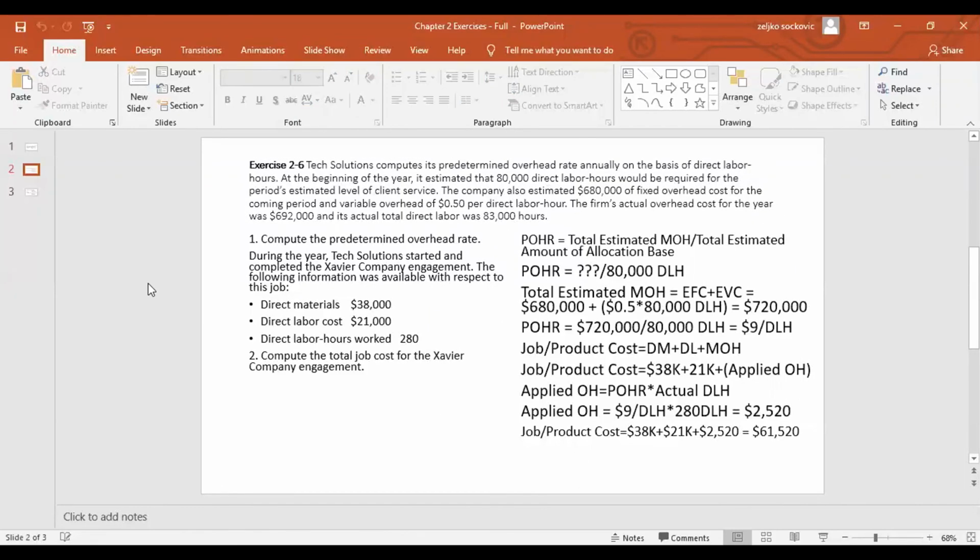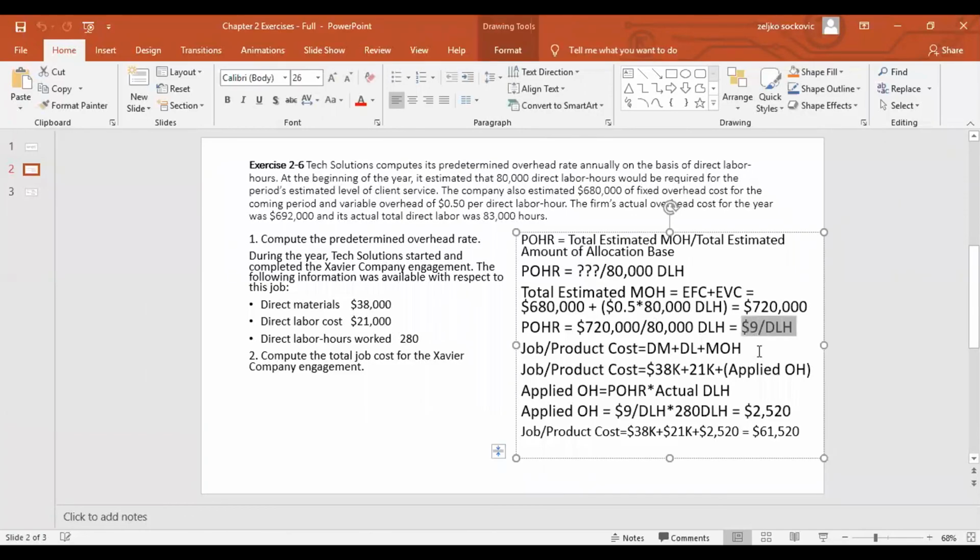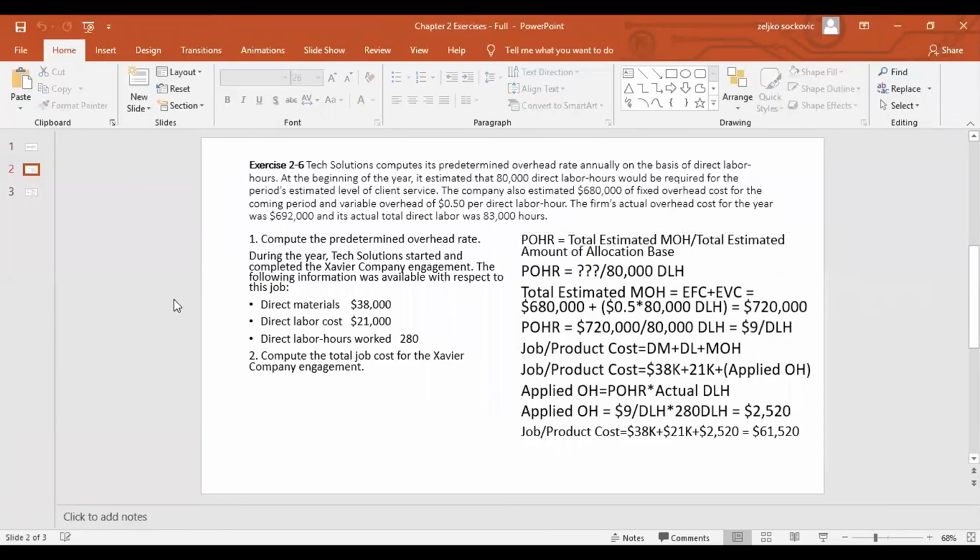So it's good to say $9 per direct labor hour in overhead, so you don't confuse it with some amount, let's say $10 or $15, that is applied to direct labor in terms of wages. But you don't need to worry about that. You need to worry about getting the correct number here.